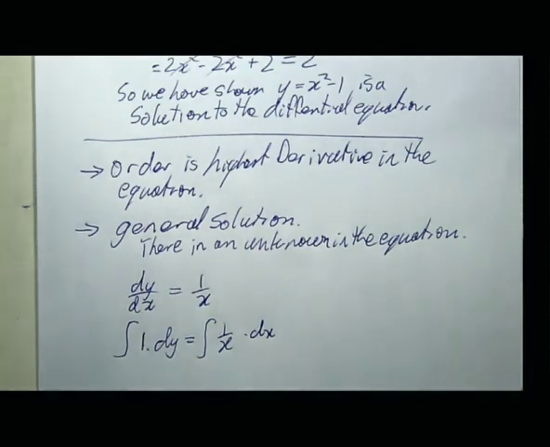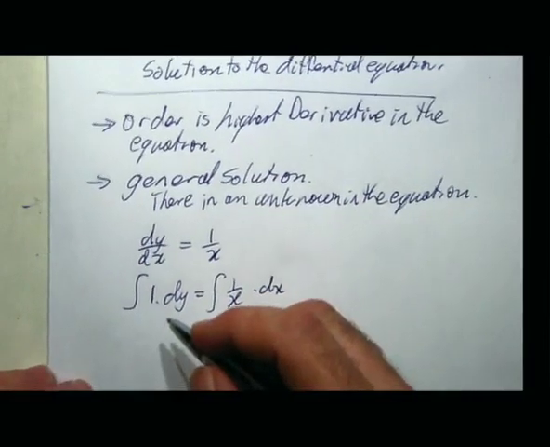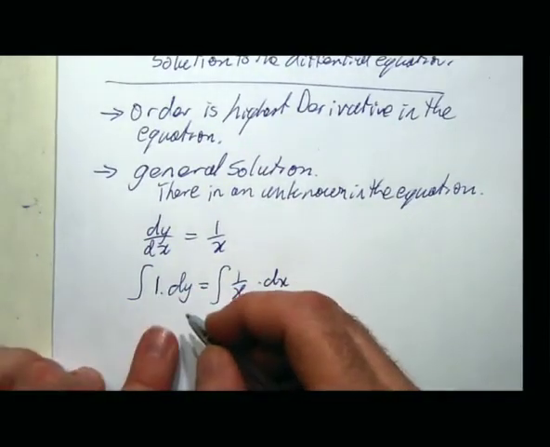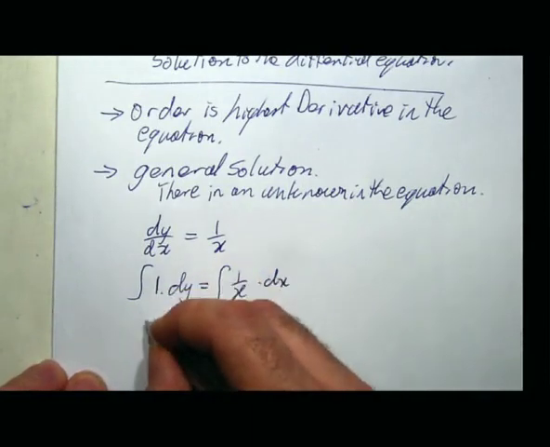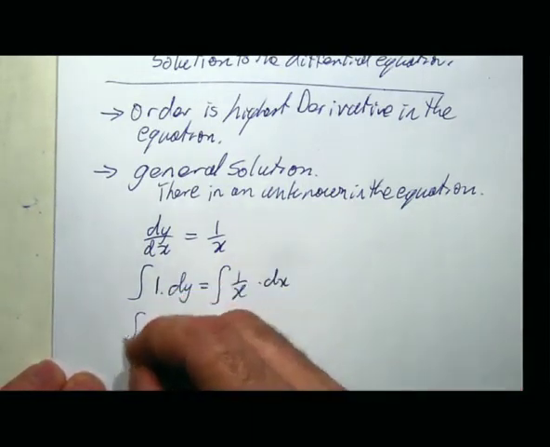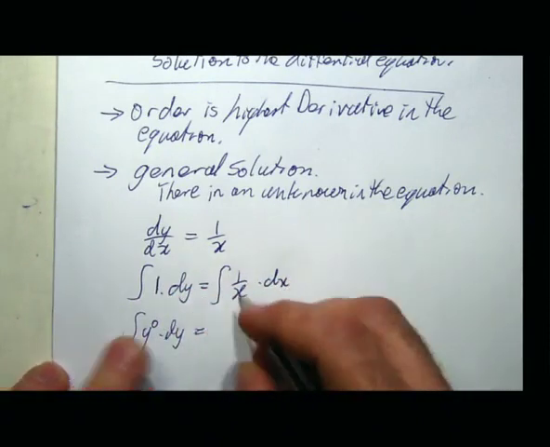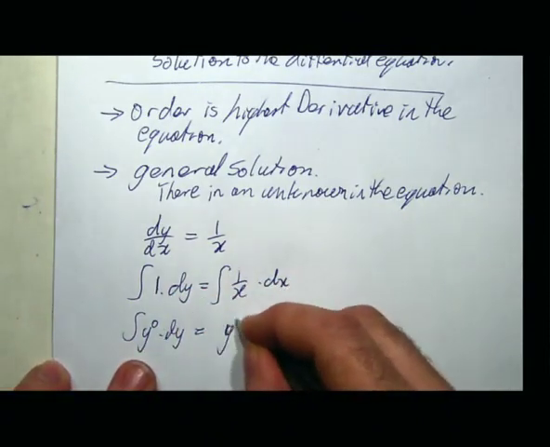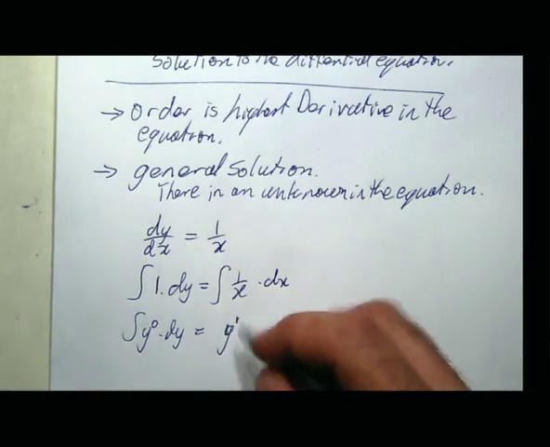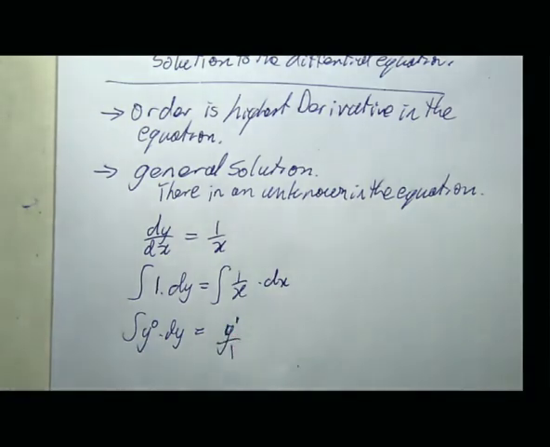Do we remember about integrals? Yes. So we can quite comfortably say the integral of 1 with respect to y, which technically is the integral of y to the power 0 dy, is equal to y to the power 1. I increase the power and divide by the new power.